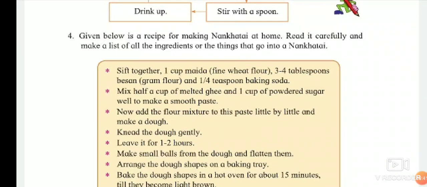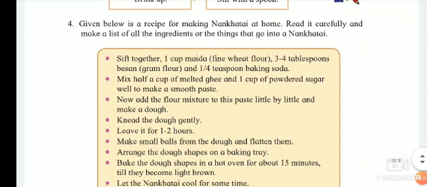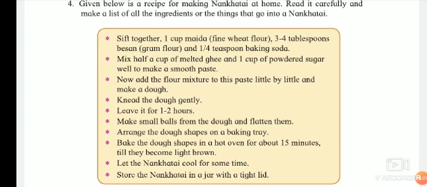make a smooth paste. Next step, now add the flour mixture to this paste little by little and make a dough. Next step, knead the dough gently. Next step, leave it for 1 to 2 hours. Next step, make small balls from the dough and flatten them.